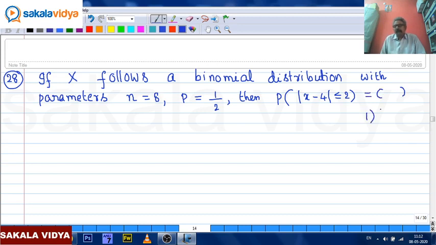First option 119 by 128, second option 9 by 128, third option 101 by 128, fourth option 11 by 128.